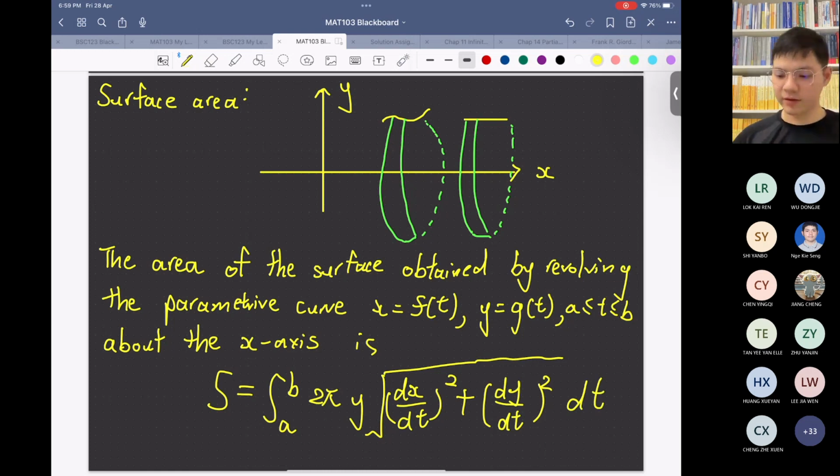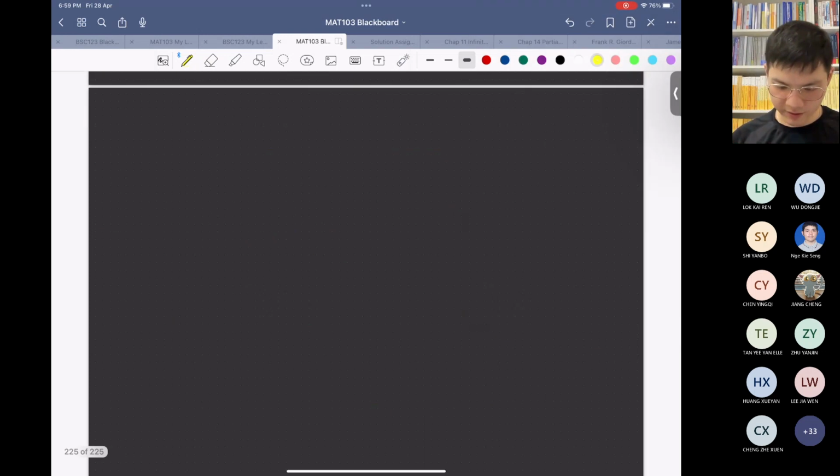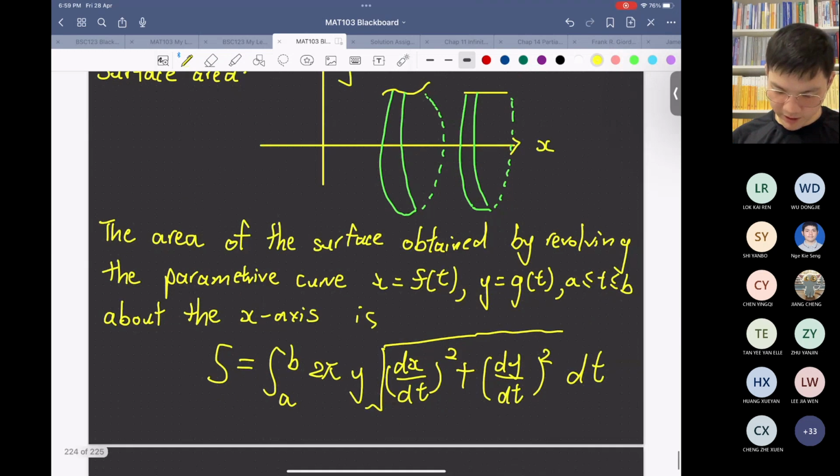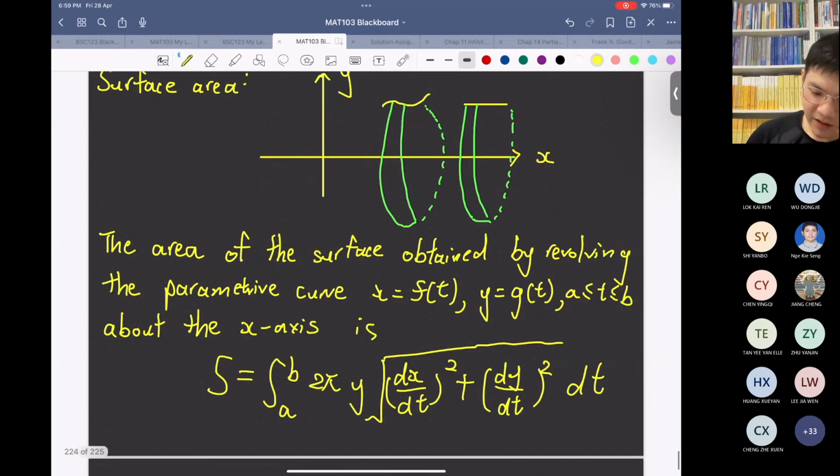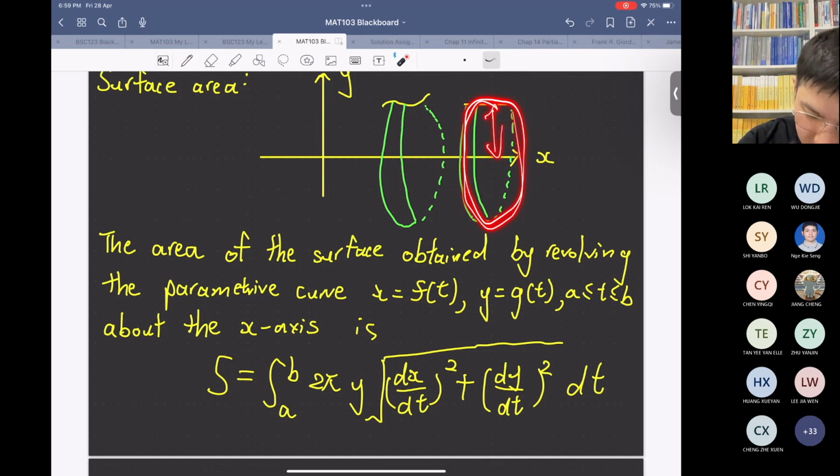So why is this formula so long? How do we make sense of it? Can you imagine what the radius of this cylinder is? Let's say we have this cylinder here. What's the radius of this cylinder?